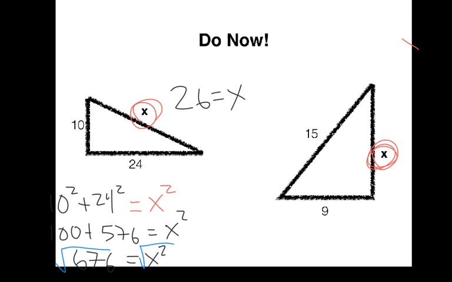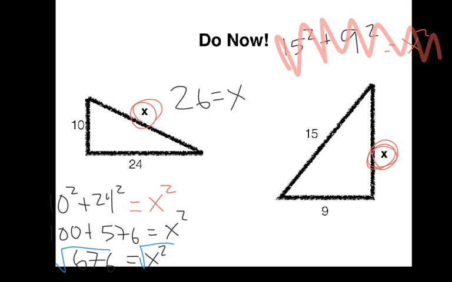Boom. Now see, I would venture that a lot of people would say, oh, there's x, I'm going to go x squared equals 15 squared plus 9 squared. And I hope you already realize this. No! Why is this a massive no? Well, if you look closely, this would be the right angle, yeah?